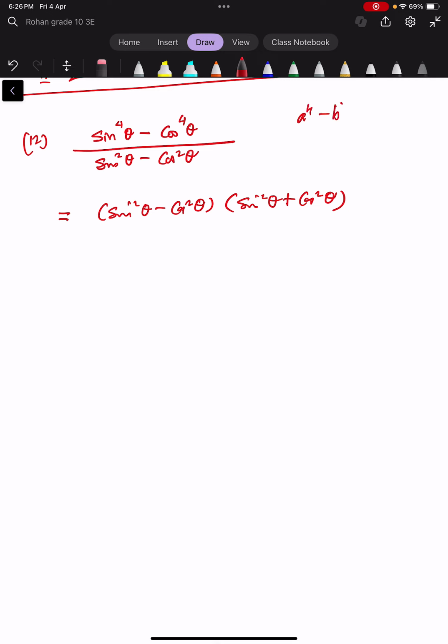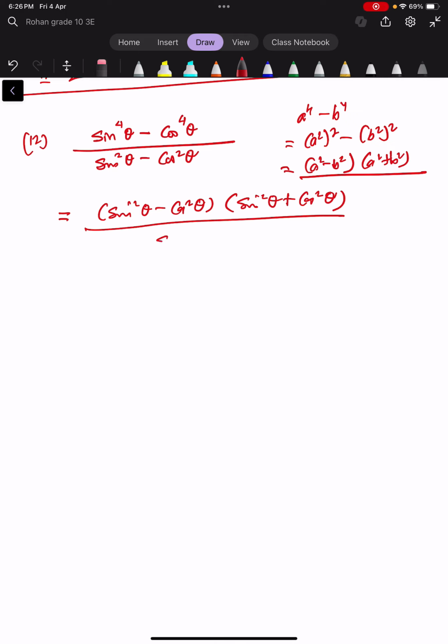Because it's to the 4, basically 4 is a square minus b square. So this will become a squared minus b squared, which is a squared plus b squared times a squared minus b squared, that's the logic, upon sin squared theta minus cos squared theta.